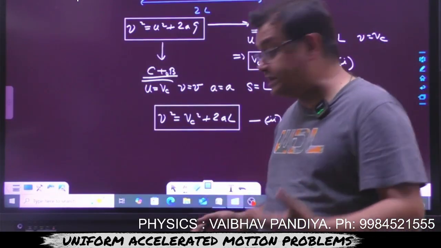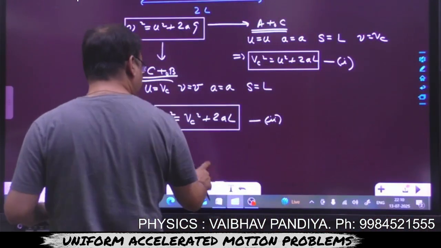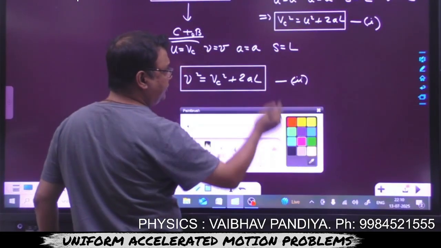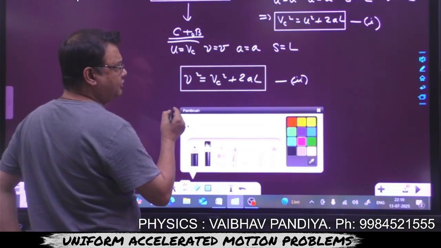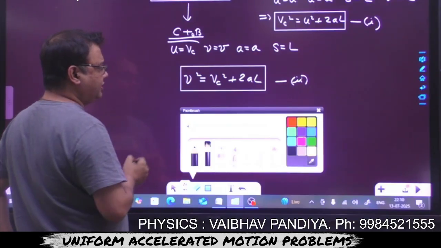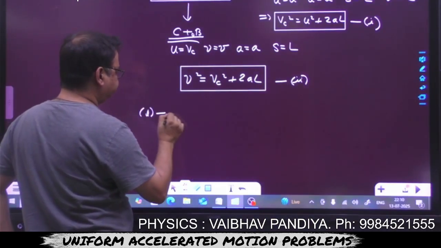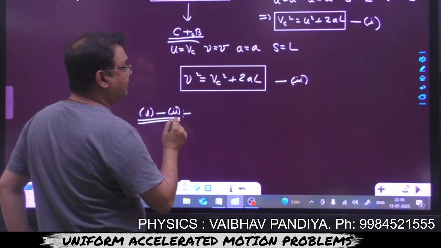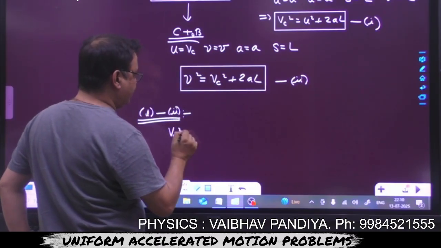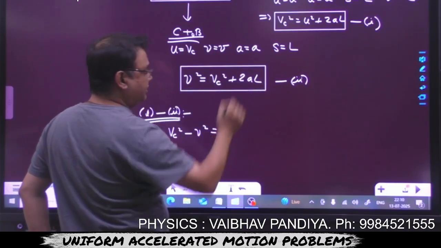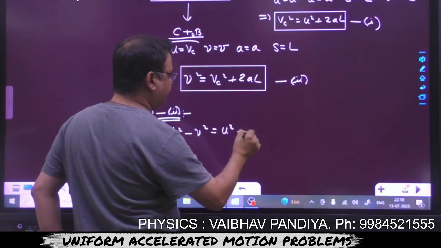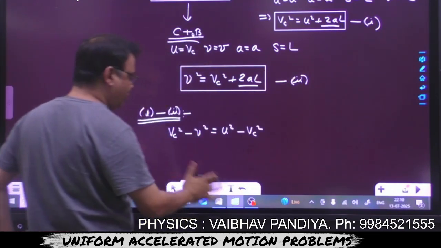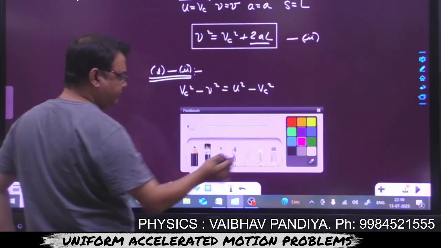We have to eliminate 2aL, correct? Because 2aL can't be in the answer. So you can subtract equation number 2 from equation number 1. So 1 minus 2 will give you vc square minus v square, and the RHS will be u square minus vc square, correct? The factor 2aL will get cancelled away in the two equations.